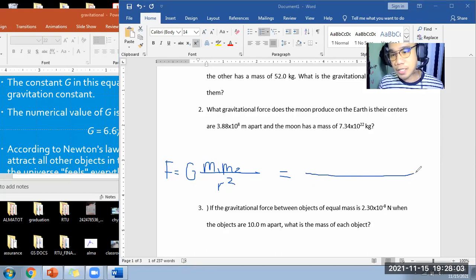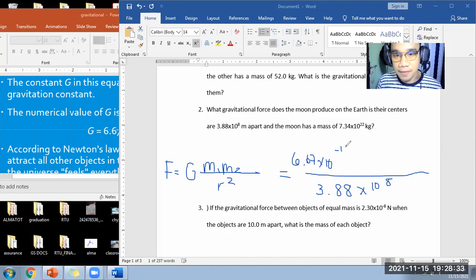So meron tayong distance na 3.88 times 10 raised to 8. Diba? Tapos yung gravitational constant natin is 6.67 times 10 -11.